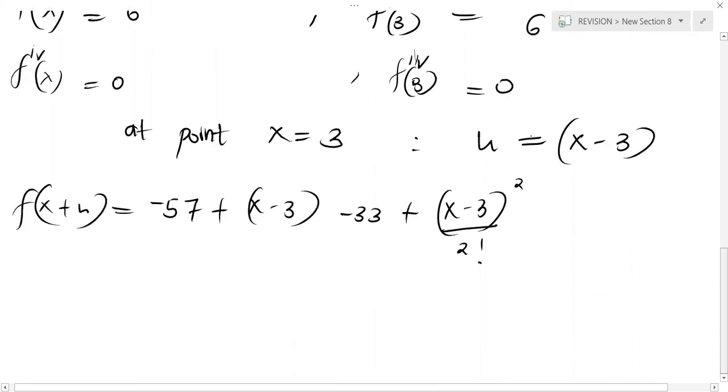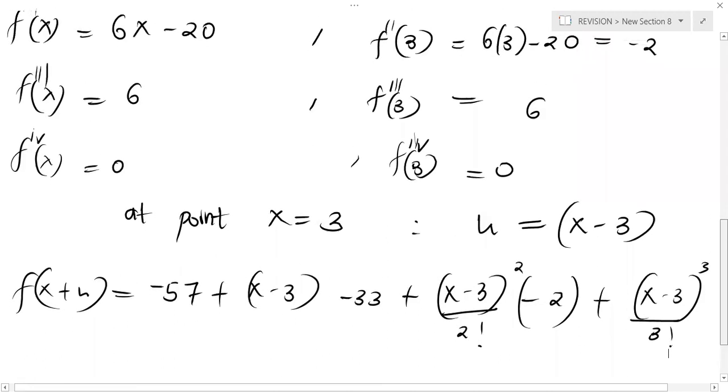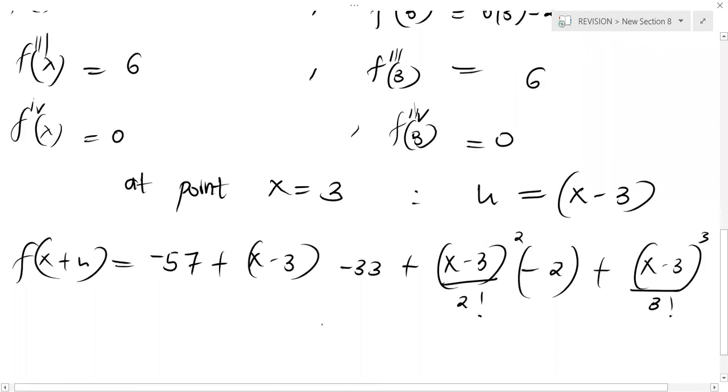And what's our f second prime? Minus 2, plus h, which is x minus 3 cubed over 3 factorial multiplied by f third prime, and our f third prime is 6. So we can write the value of 6 here.